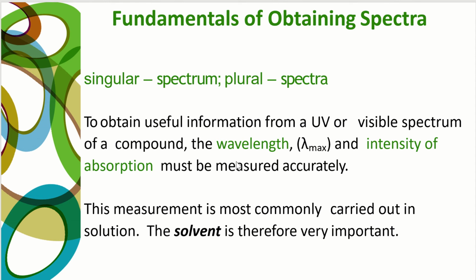So this is very important: the maximum wavelength and the intensity of absorption must be measured accurately. This measurement is most commonly carried out in solution, and the solvent is therefore very important. Most times when you quote the values, you generally put the solvent because that is important as well.